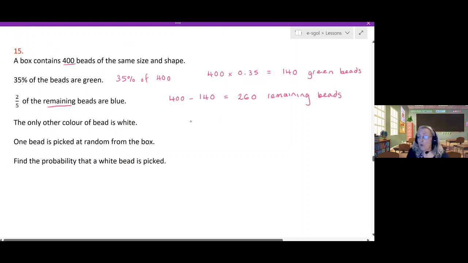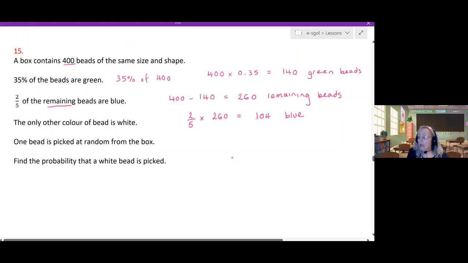So a couple of ways of doing that. On a calculator paper, I would put 2/5 multiplied by 260 into my calculator. On a non-calculator paper, I would divide 260 by 5 to find 1/5, and then I would multiply it by 2 to find 2/5. And that comes to 104. So I've worked out 104 of these beads are blue.